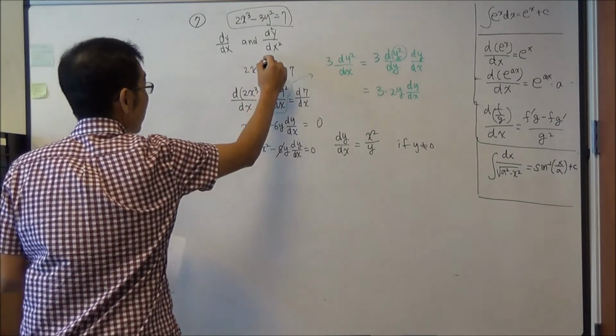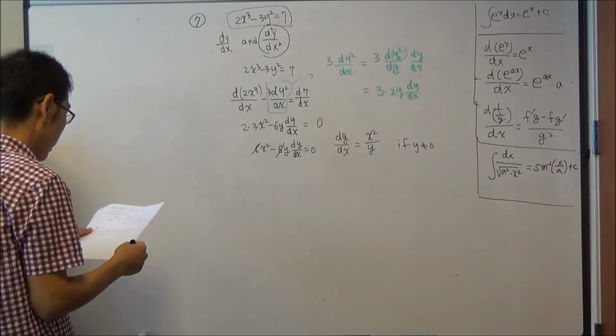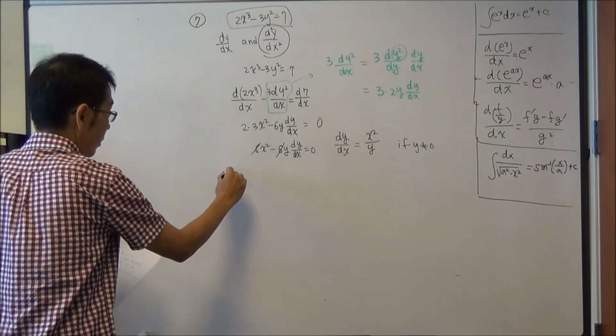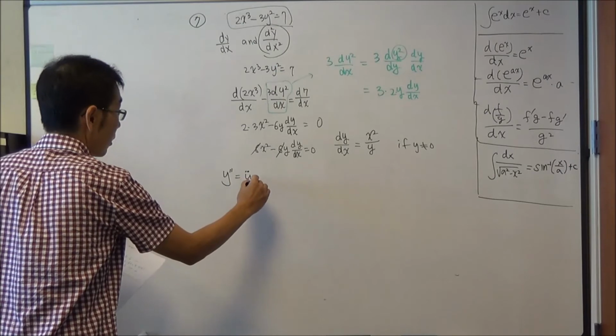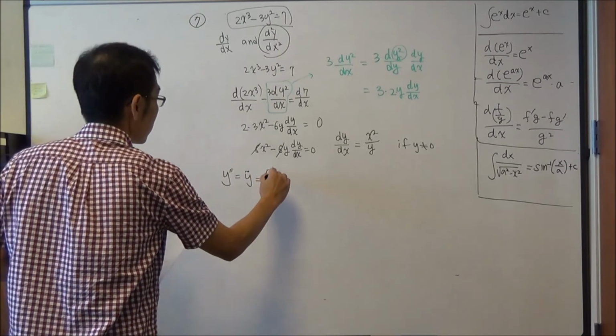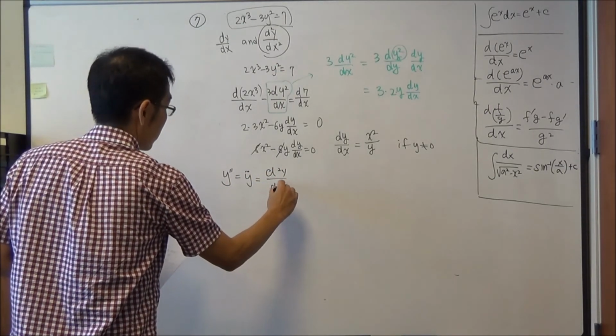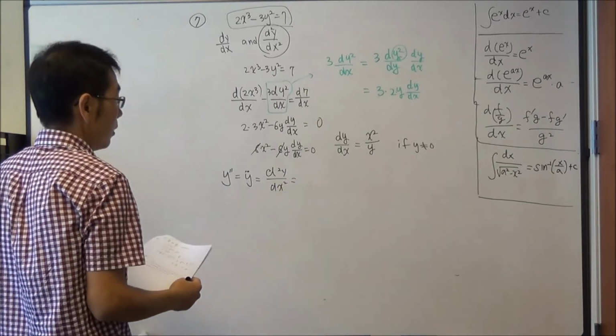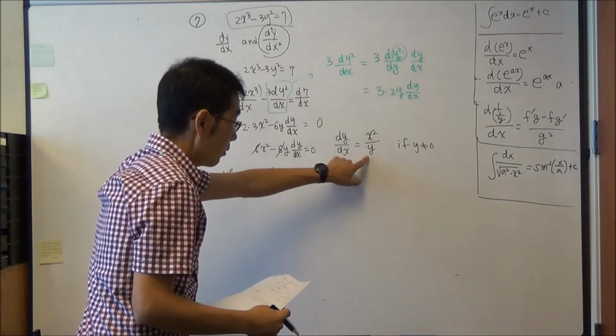How about the second derivative? So the second derivative is y double prime. Right now this is the first derivative.